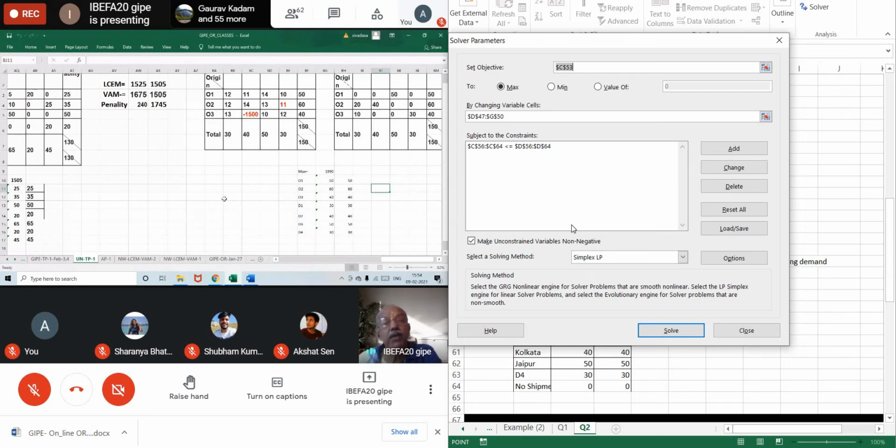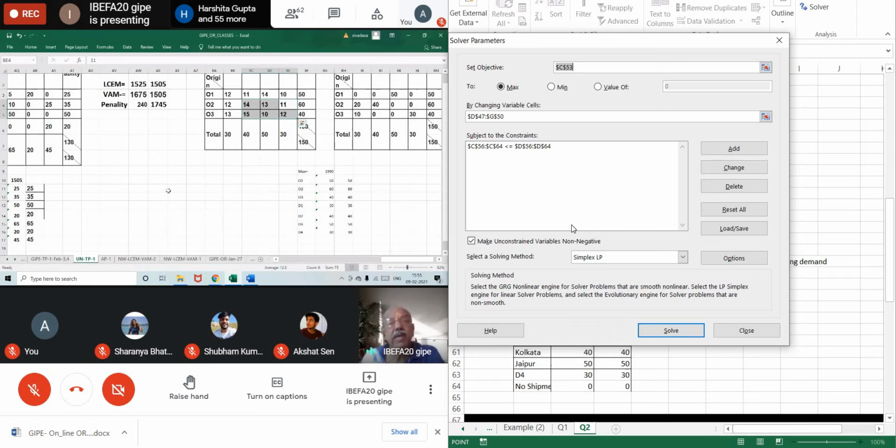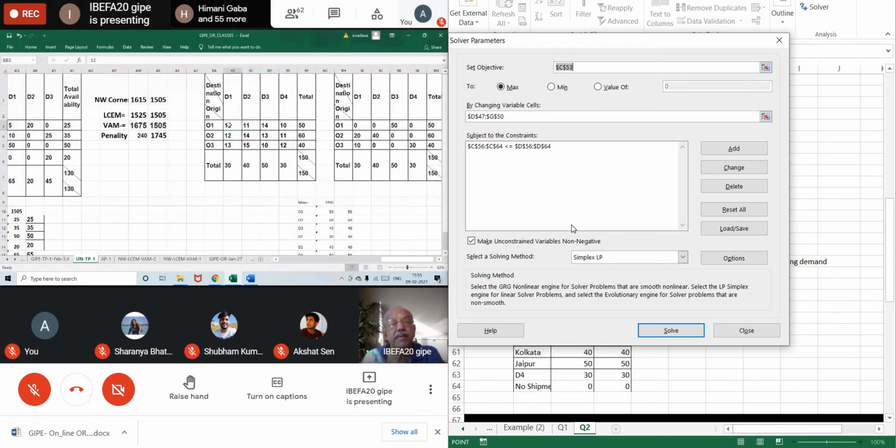Suppose O1 to D1 also no shipment, then check, answer again. Suppose O1 to D1 no shipment.